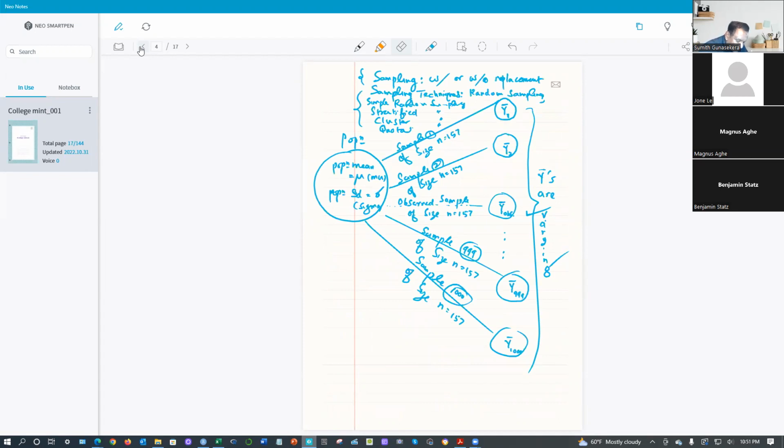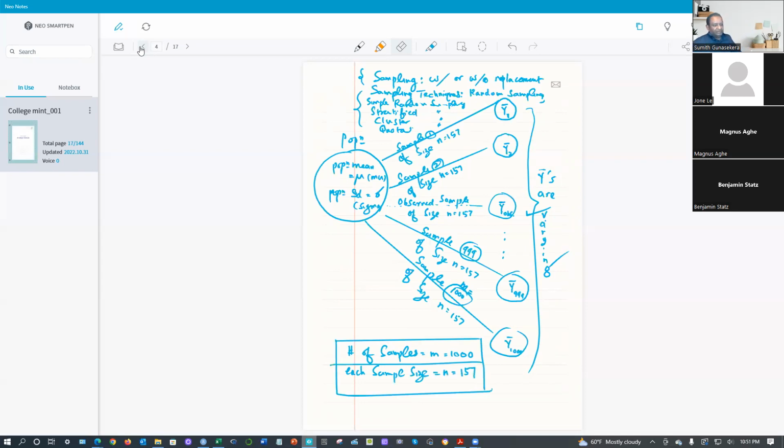Sample size 1,000, number of samples 10,000. Each sample size I can denote by N, which is 157 in this particular example. That's the same idea. So my question is, by increasing N or M, do you get the better results?